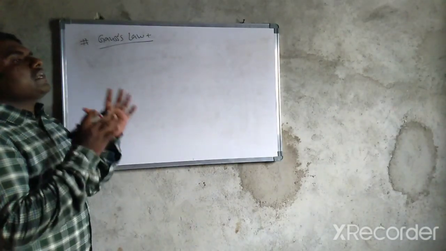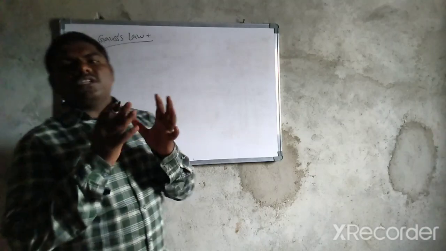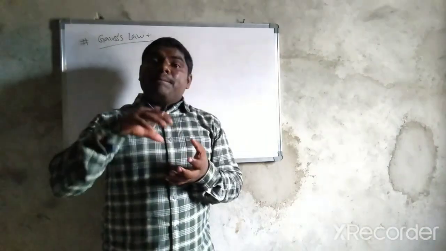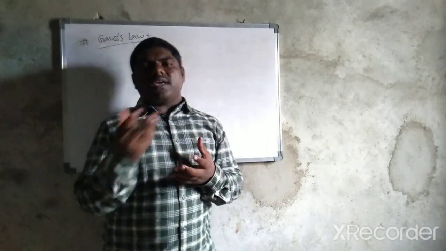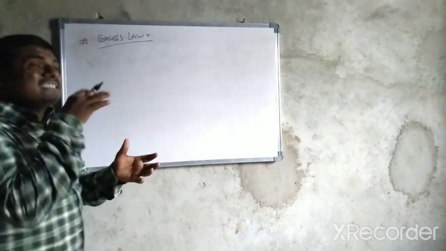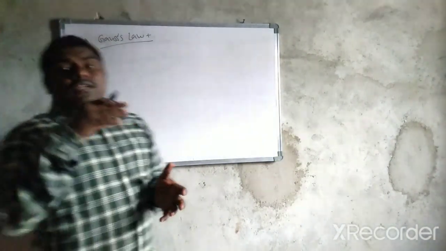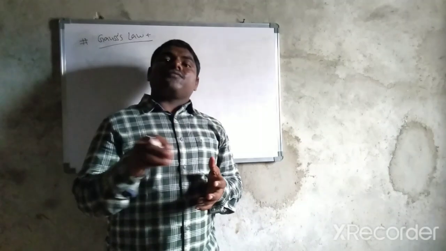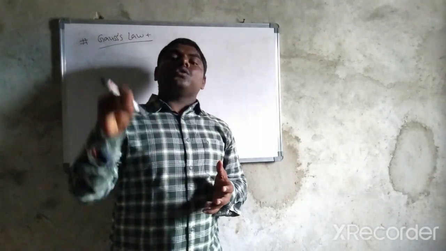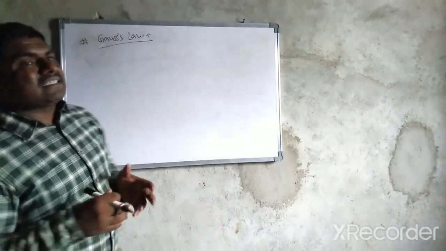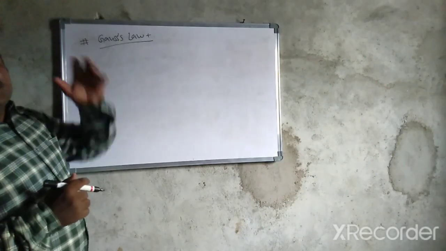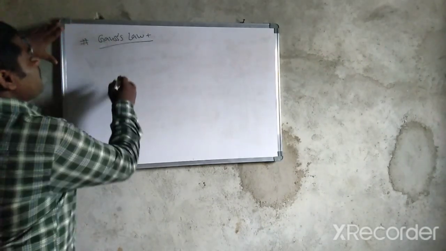Statement: the total electric flux emerging out from a closed surface is equal to the sum of all enclosed charges by this surface times the constant 1 by epsilon naught.